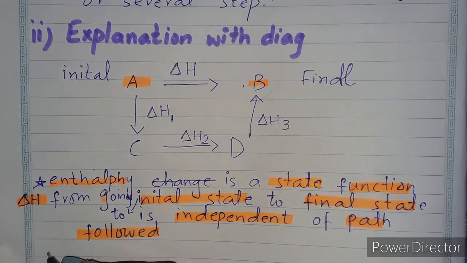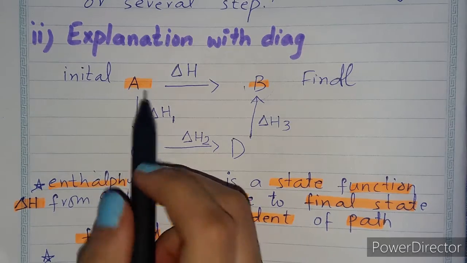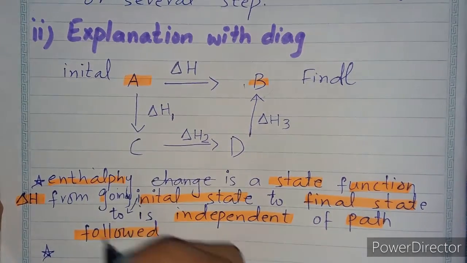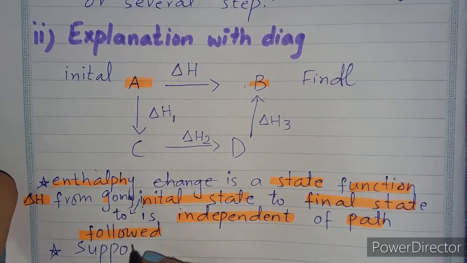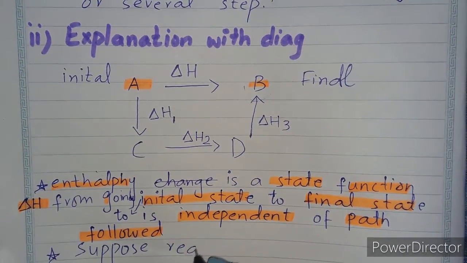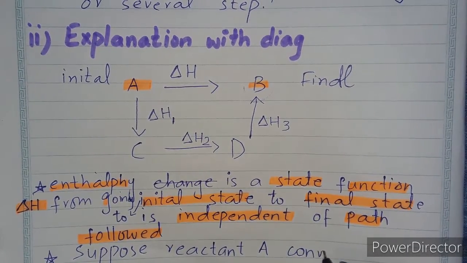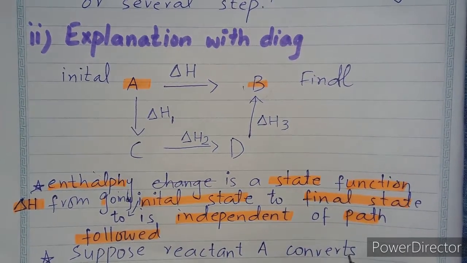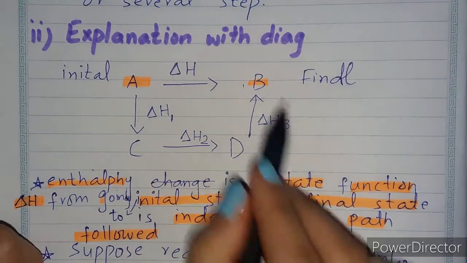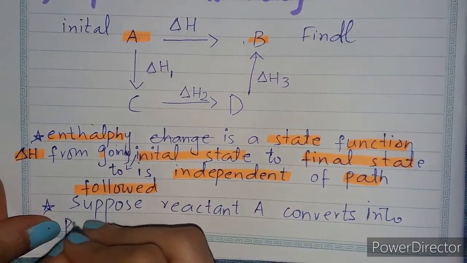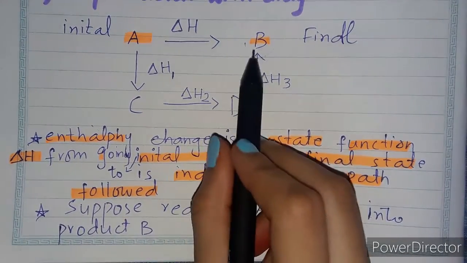Now we suppose that reactant A converts into product B. This is in one step.